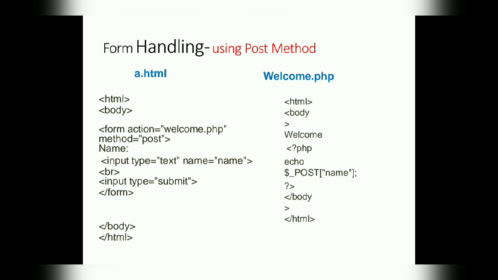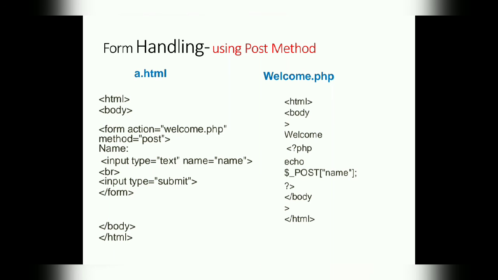So here for using post method, we have taken the example that the HTML and body tags are opened and form action is taken. So here again came across the action part. We have started the form and action welcome.php, that is the PHP file name that is to be specifically defined and designed at your PHP site or client side.